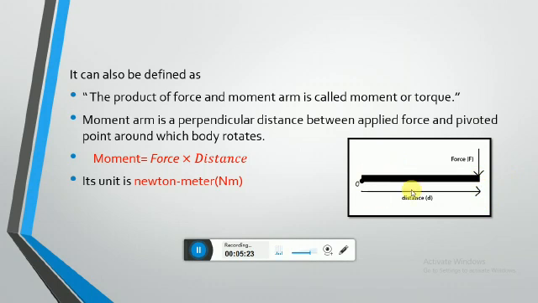Look, this distance and force are perpendicular to each other. So this distance is called moment arm, and this point around which the body rotates, O, is called pivoted point or pivot.